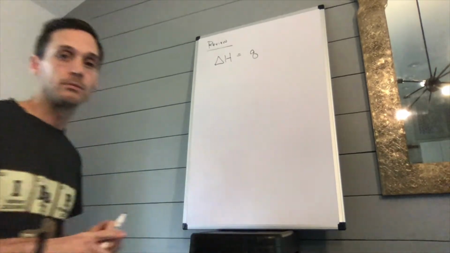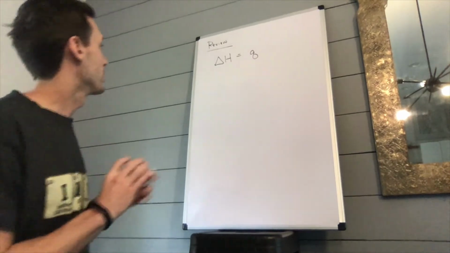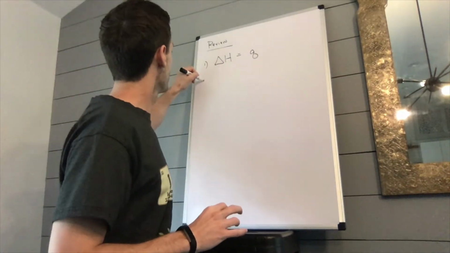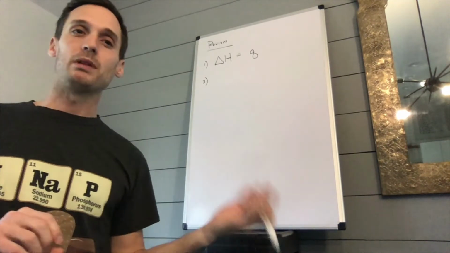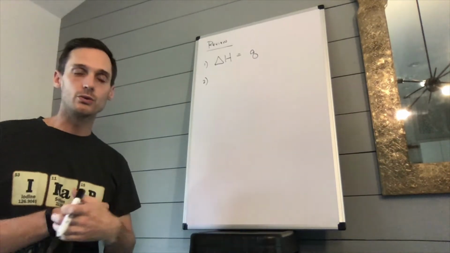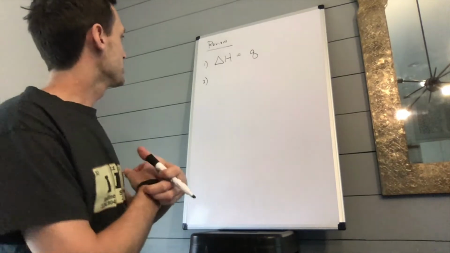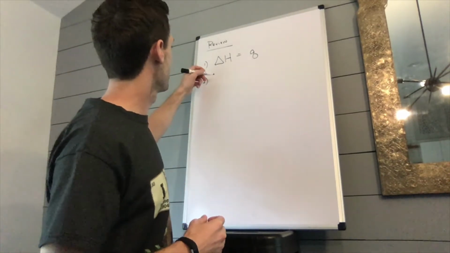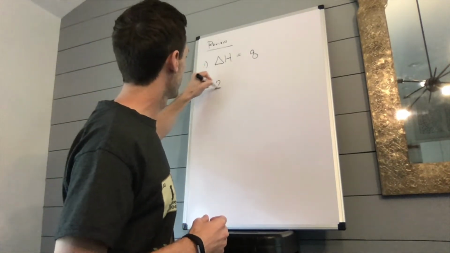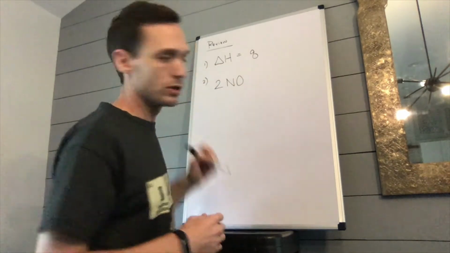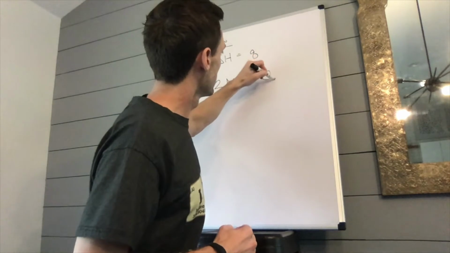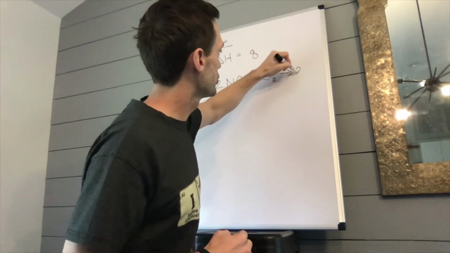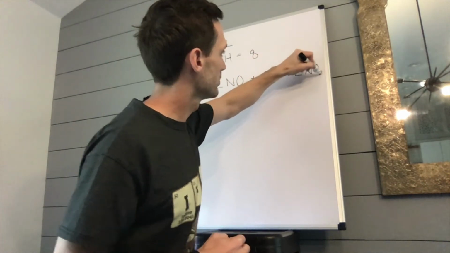Okay, the second thing I wanted to do really quickly, just to make sure you actually understand how we're applying this enthalpy to chemical reactions, just think about this simple reaction. If we have, let's say, 2NO plus O2 goes to 2NO2.